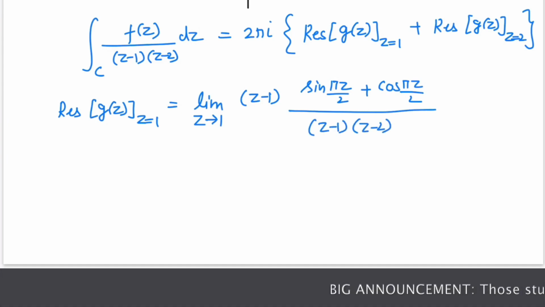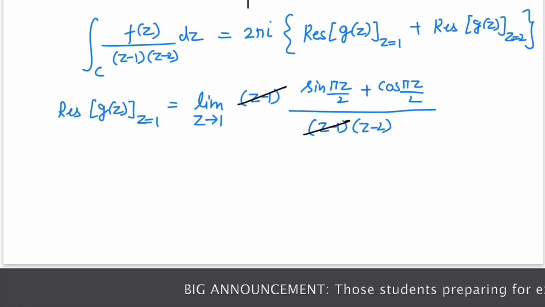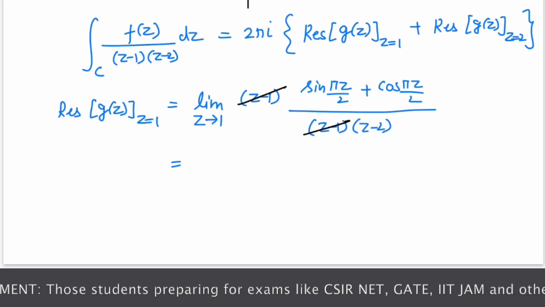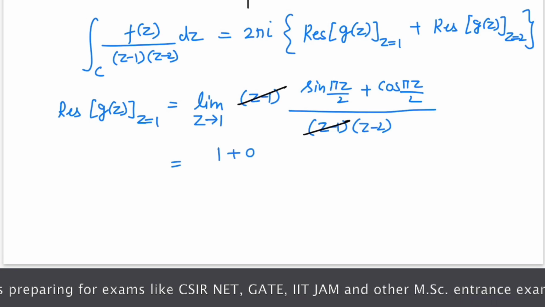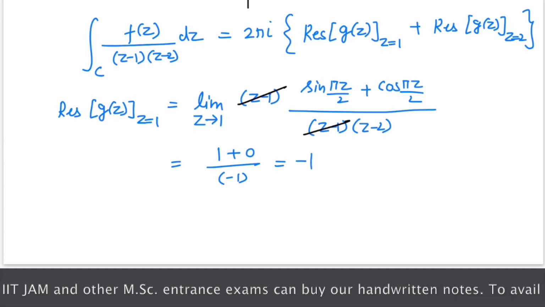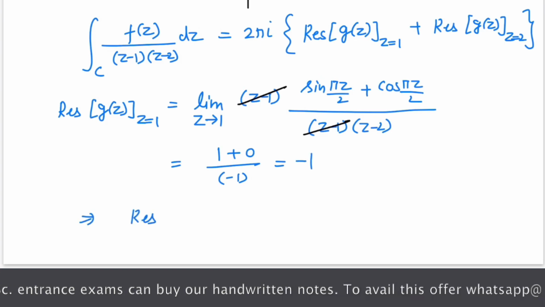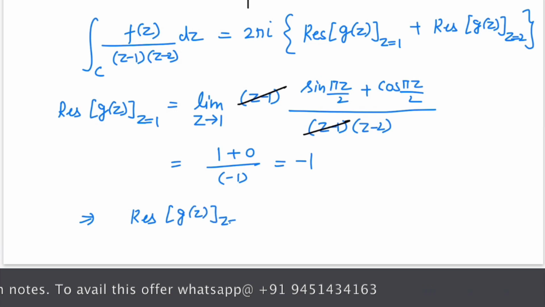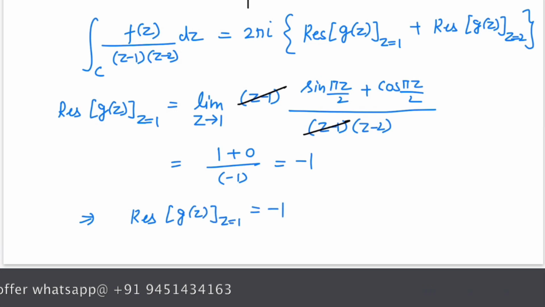We can see here this factor z minus 1 cancels out. Now on putting limit, it will be 1 plus 0 over minus 1, and this equals to minus 1. Okay. So we have residue for function g of z at z equals to 1, this equals to minus 1.